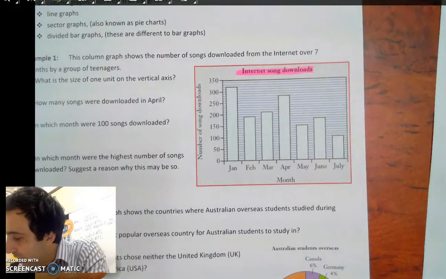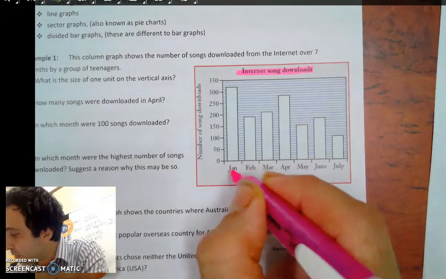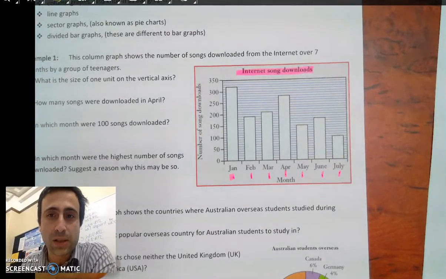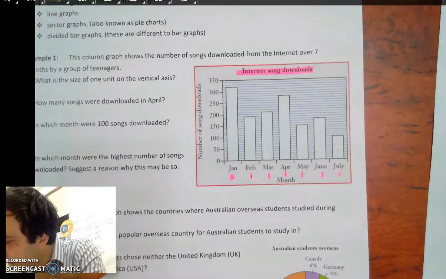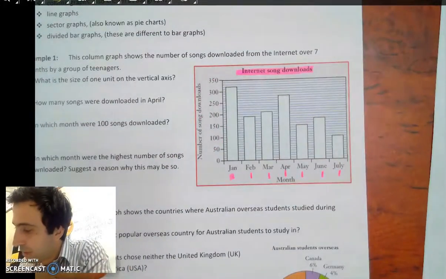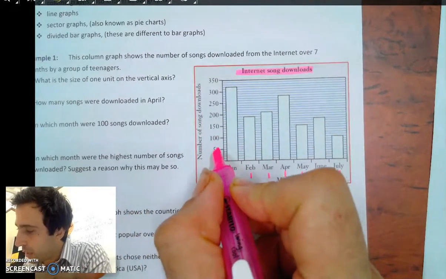And then we look down here and we see months. It goes from January, February, March, April, May, June, July, so it's the first 7 months of the year. And what we see here on the vertical axis, the y-axis, is the number of song downloads, and it goes up 50, 100, 150, and so forth.